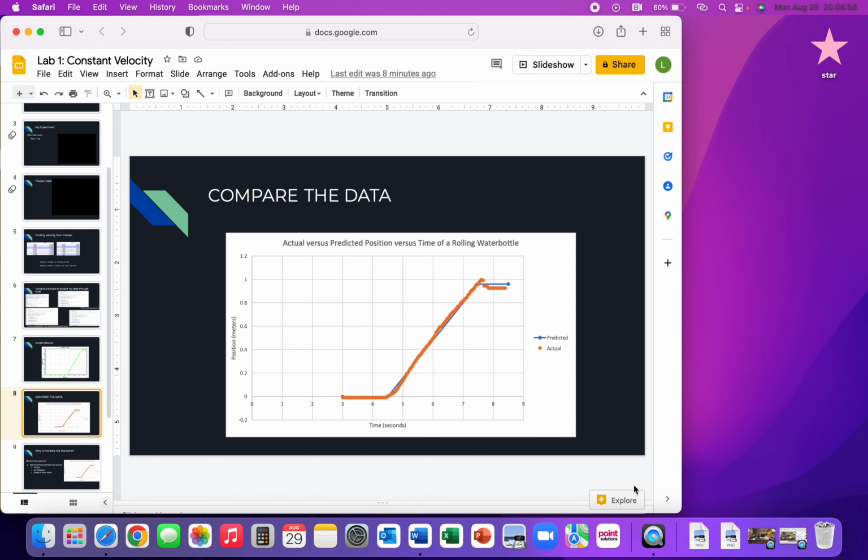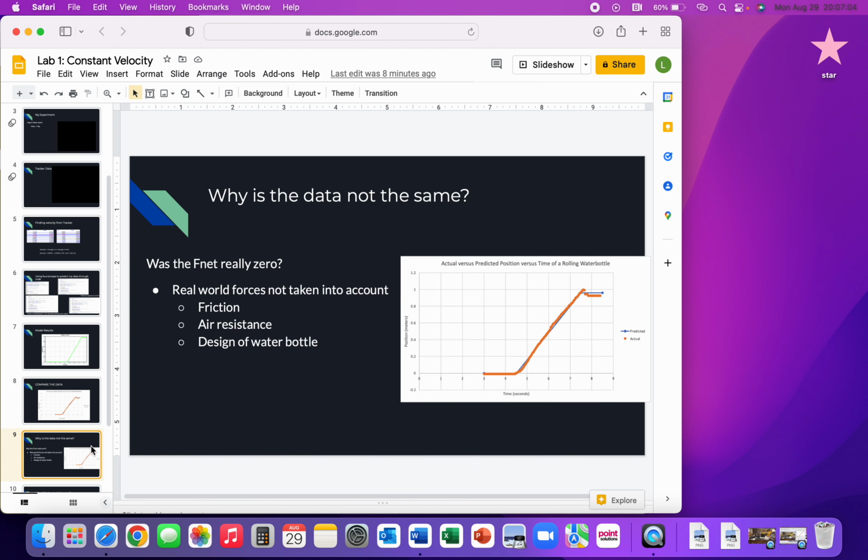There are some differences, though, between the experimental data and the modeled data. So to answer the question of why the data is not the same, it brings into question, was the net force really zero?